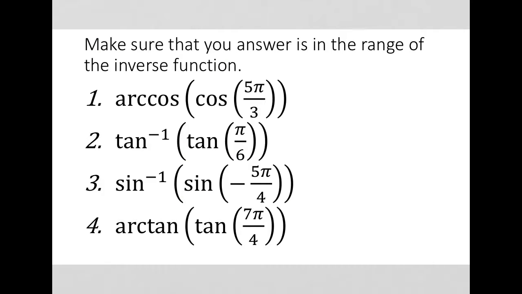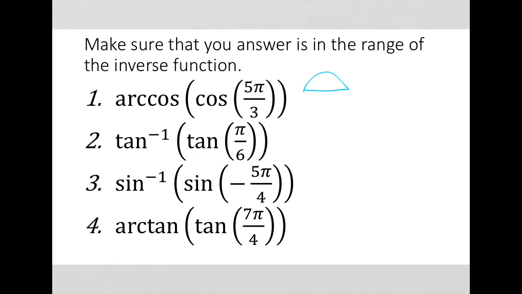Alright, so let's do some of these real quick. Let's think about how they're going to work, though. Really, all we need to do is think about what is the equivalent angle in our specific range. So for the number 1 cosine problem right there, remember we're dealing with just the top half. Where is 5 pi over 3?